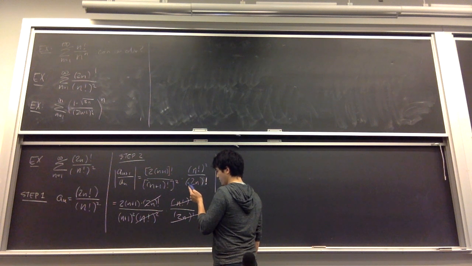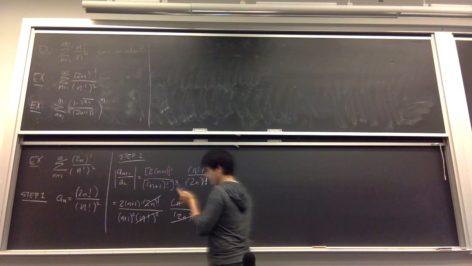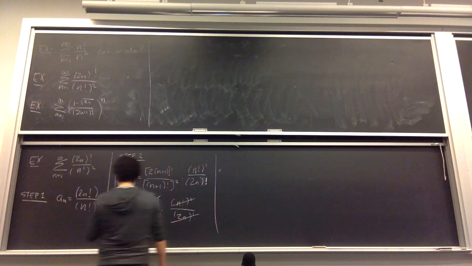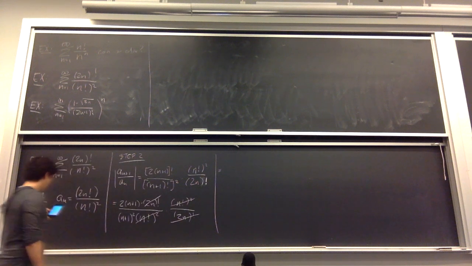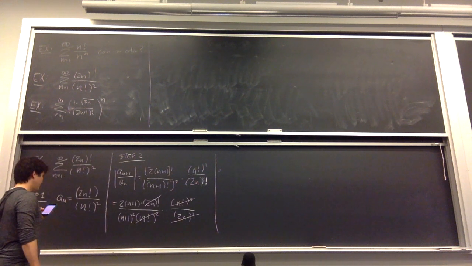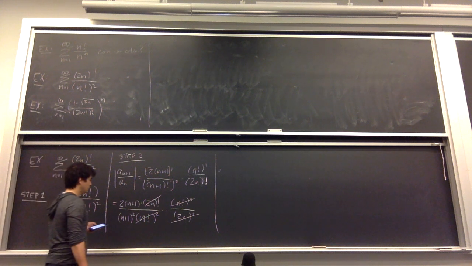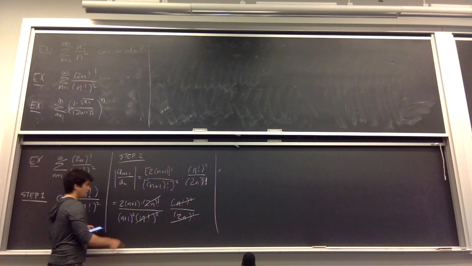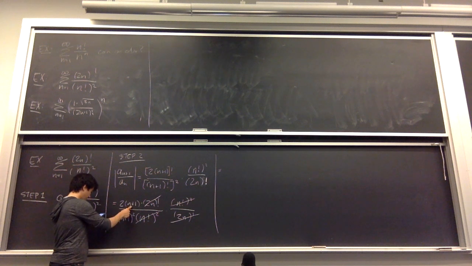Did I miss something? Anyone see a mistake? Can we take out one of the n+1 in the denominator if it's squared? Can we cancel out the 1? All right, well, we can also cancel out one of these.